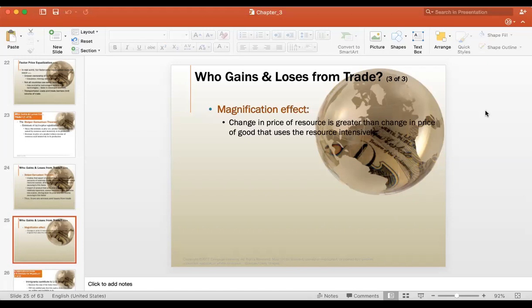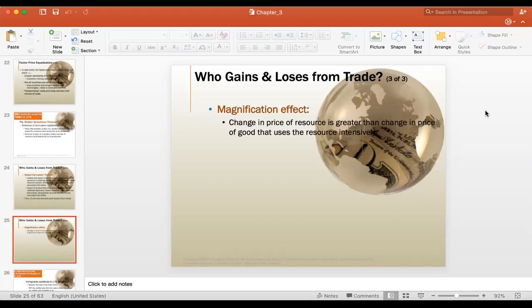What it means is simply this: if the price of the product increases by 10%, let's say, then the income of the factor that is used intensively in producing this good will increase by more than 10%.